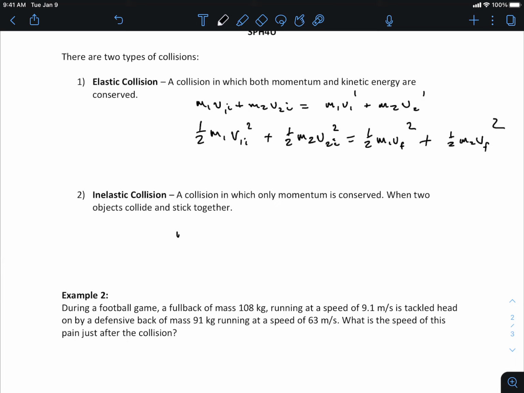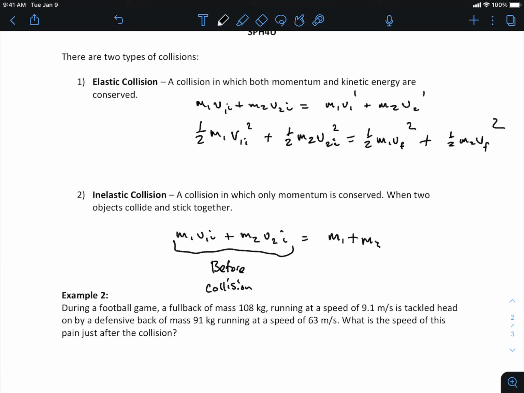So we know M1 V1 initial plus M2 V2 initial, before the collision occurred. But afterwards, something interesting happens: the two masses combine, so we can add the two masses, M1 plus M2.